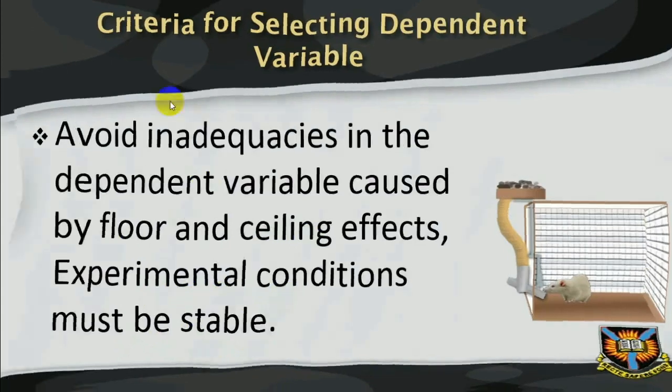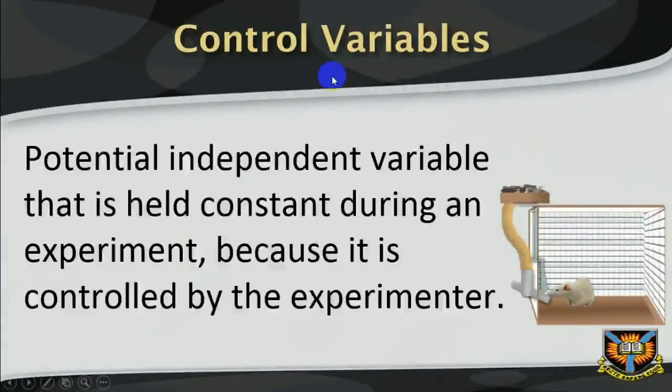Control variables. A control variable is a potential independent variable that is held constant during an experiment because it is controlled by the experimenter. For any one experiment, the list of relevant control variables is quite large, far larger than can ever be accomplished in practice.